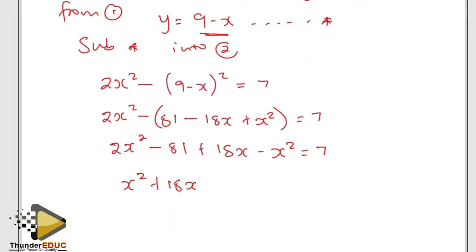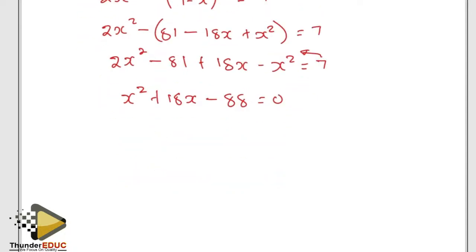No, it's okay. So I'm going to move the 7 to the left hand side. Okay, so it's going to be a negative 88 is equal to 0. Then I will use my quadratic formula or my factors.